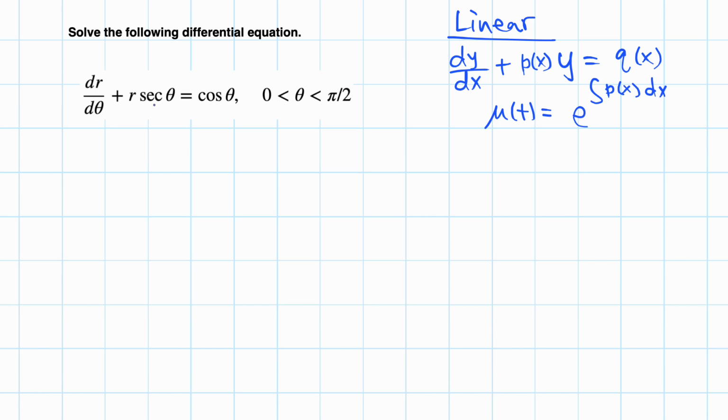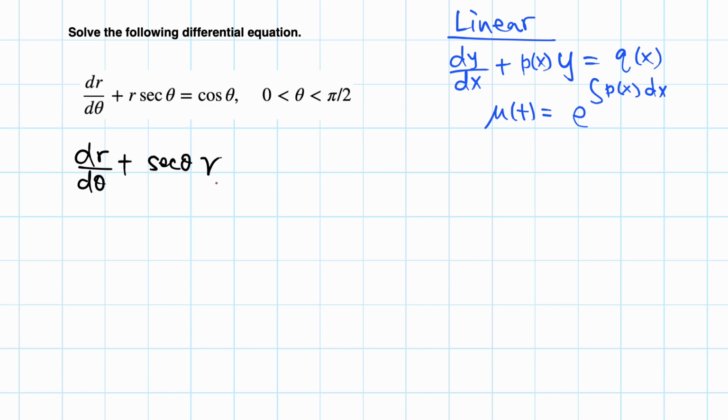Let me rewrite one more time. This one, r secant theta, it's like p of x is secant theta. So r secant theta plus the derivative of r, dr over d theta.